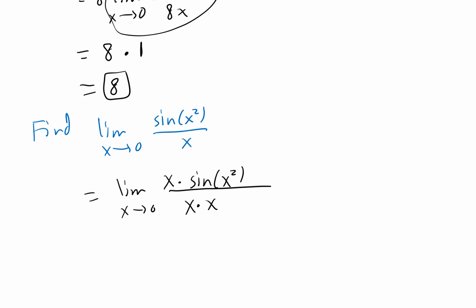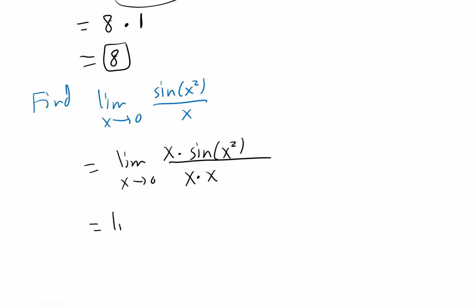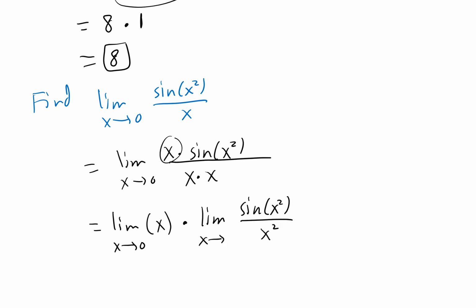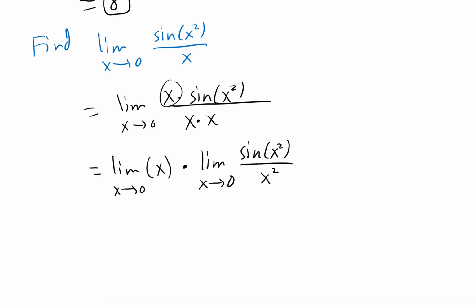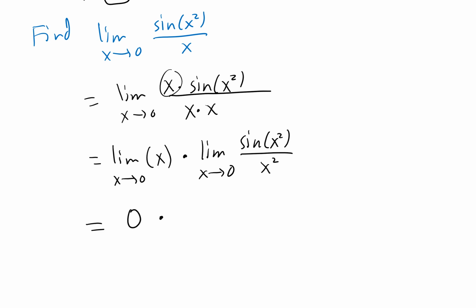But this x cannot be taken out, so we do the limit as x goes to 0 for this x times the limit of sine of x squared over x squared as x approaches 0. So this is 0 times the limit of this, which is 1, and that would give us 0.